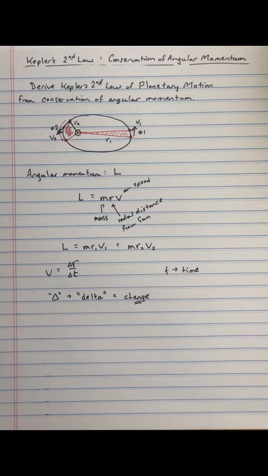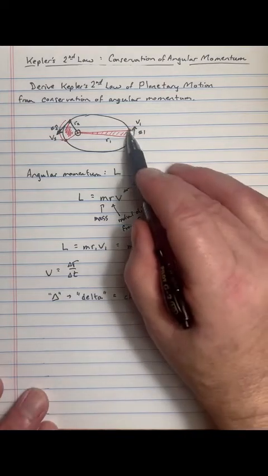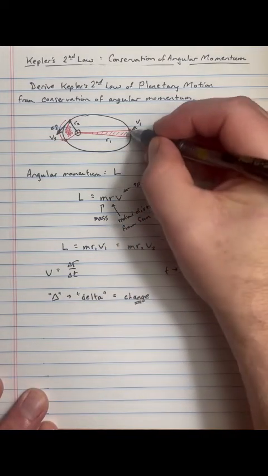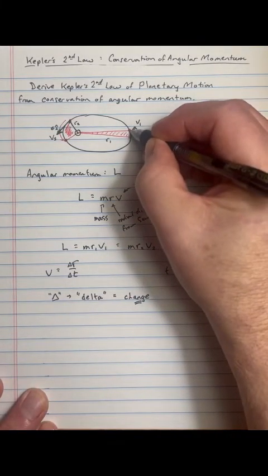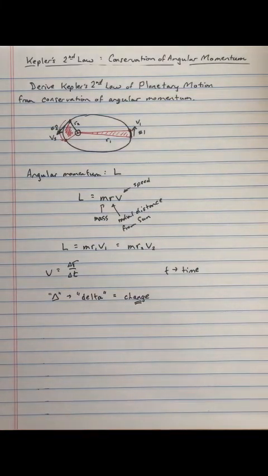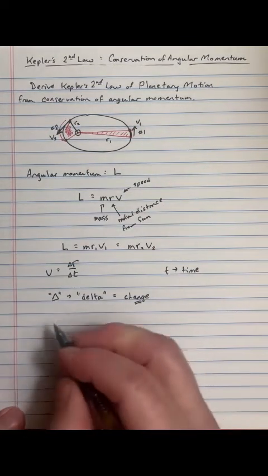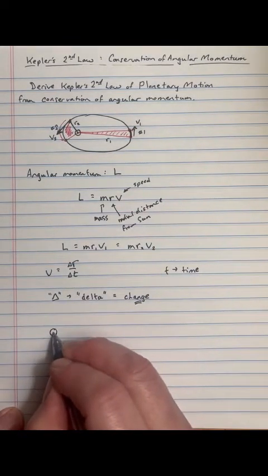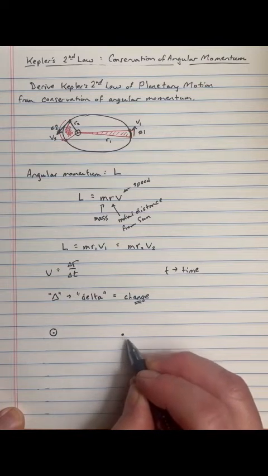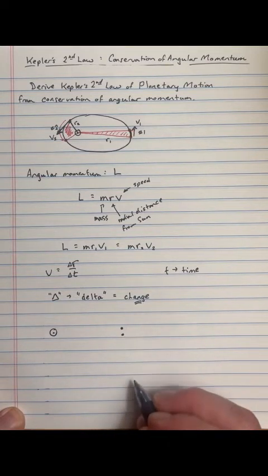Now, for our purposes here, we'll assume that delta r is relatively small. You can see, for example, way over here, it's kind of obvious. This right here would be delta r. With that in mind, let me re-sketch this just for this individual section to show it off. Let's put the sun here, the planet right here for starters, and the planet here for finishing.